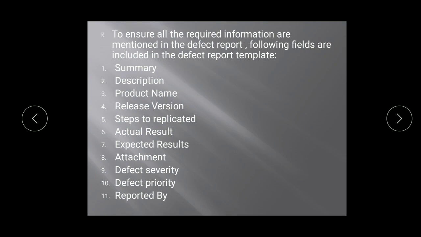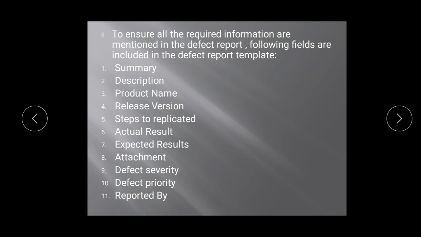Actual result is the output we are actually getting, and expected result is the output we should have got rather than the actual output. Then the attachment: any screenshots or network logs for understanding the defect, that is images or network-related problems of that particular defect.